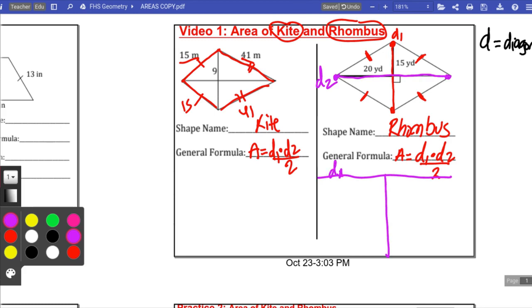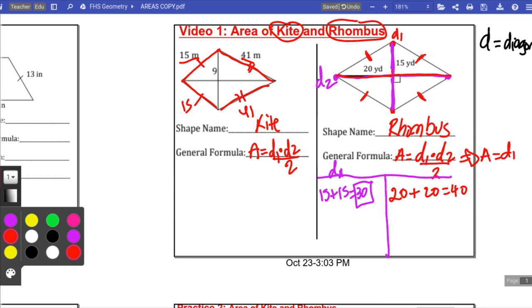Now to find D1, this is 15 plus the equivalent. If this is 15, that's got to be 15. So D1 is 30. I'll box that. D2, that's 20, and that's also 20. So D2 is 40. All right, so now I can just do my formula easily.